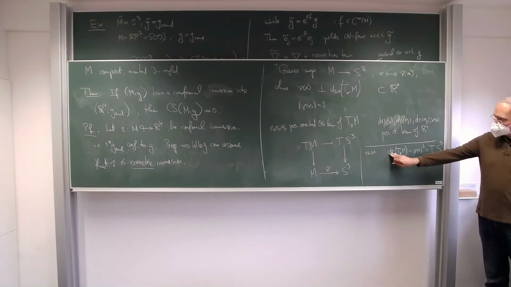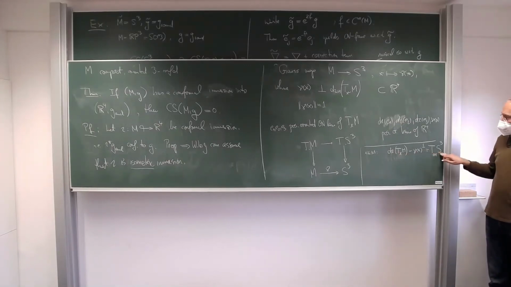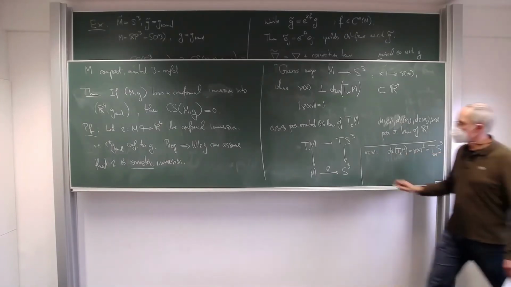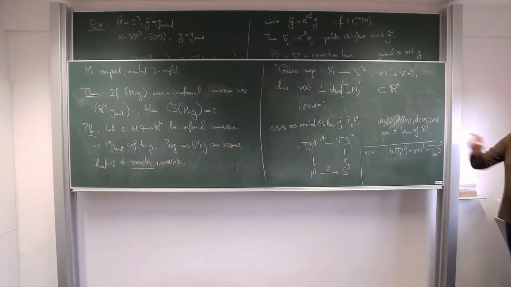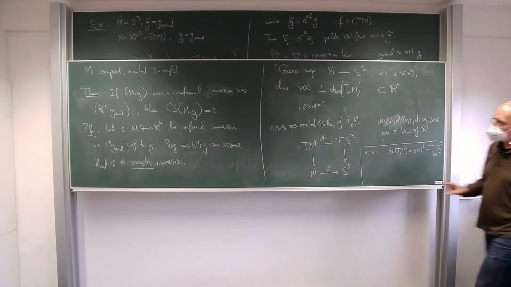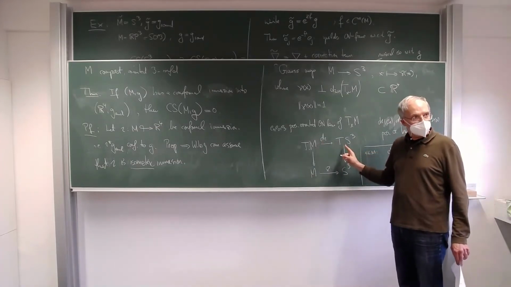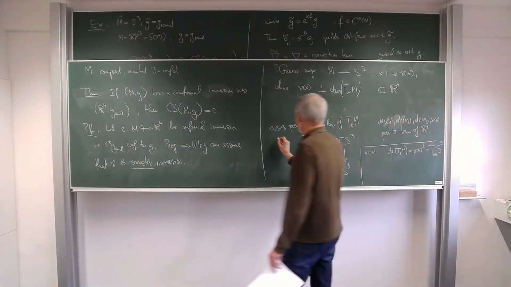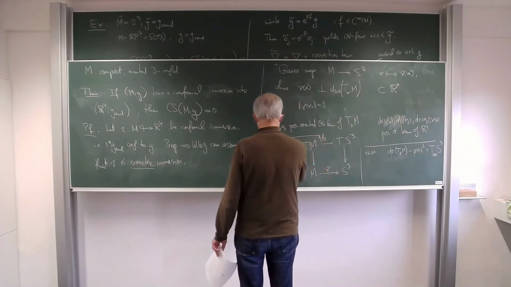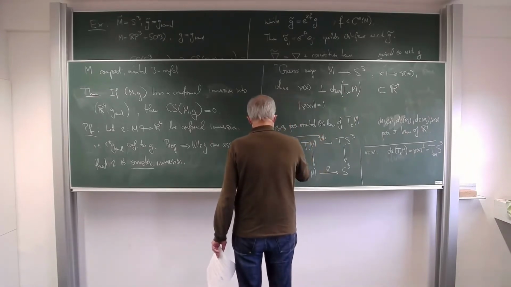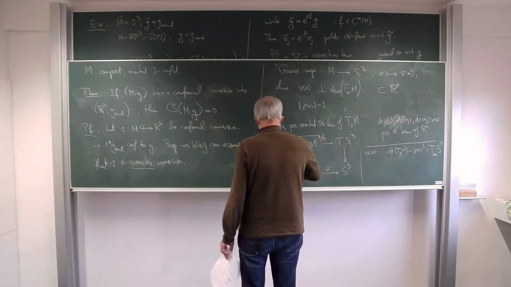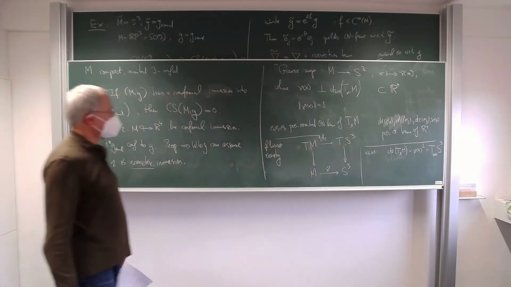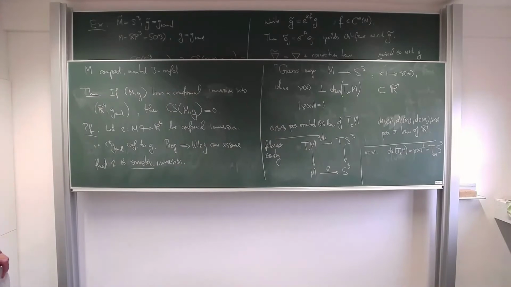So this map d iota maps the tangent space of M to the corresponding tangent space here. So we have this map d iota here. And since the whole thing is an isometric immersion, this means that this is a fiber-wise isometry. Right, so that's a fiber-wise isometry. So here we have this bundle map from M to S3.